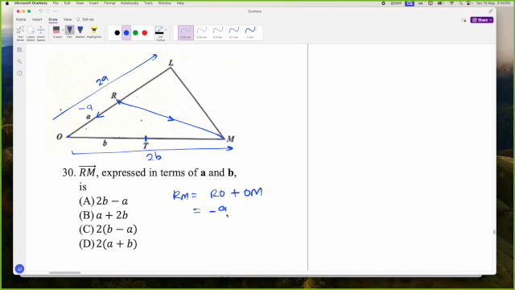RO is minus A plus OM is 2B, so we will get 2B minus A, which is the first one.